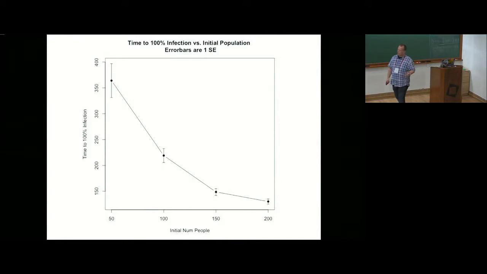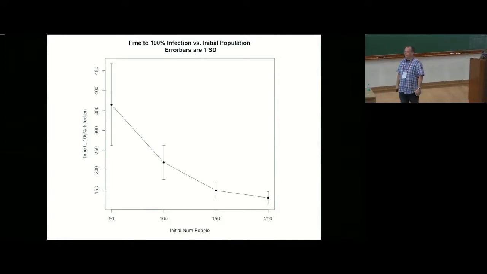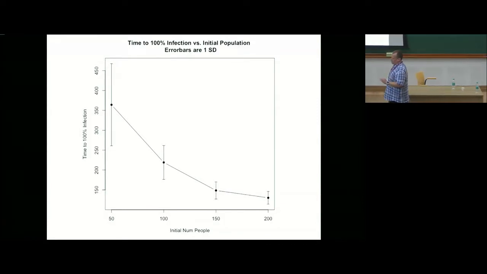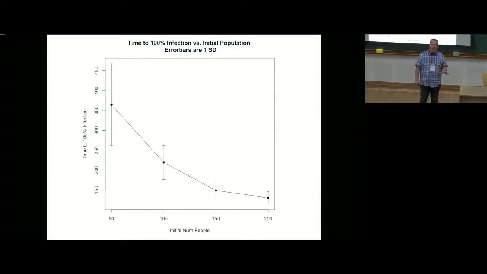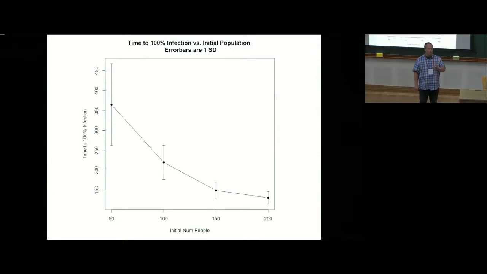Oh, so, by the way, these are one standard deviation error bars. Technically, that's not really what we want because we actually have multiple runs computing each of those things.